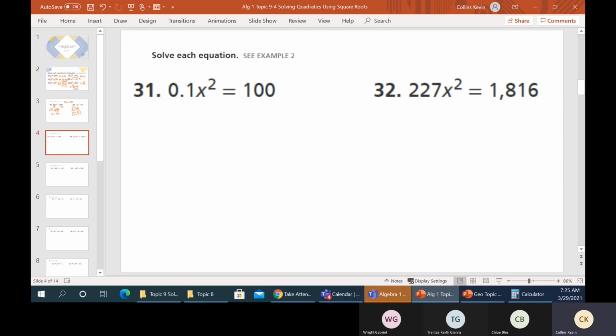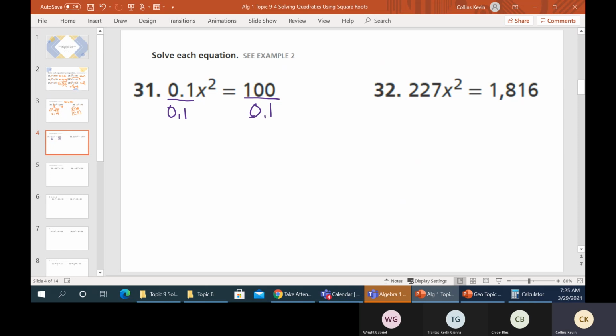Okay, so this guy. We have 0.1 x squared equals 100. So we're going to do standard operating procedure. I'm going to divide by 0.1, and we do this side over here too.